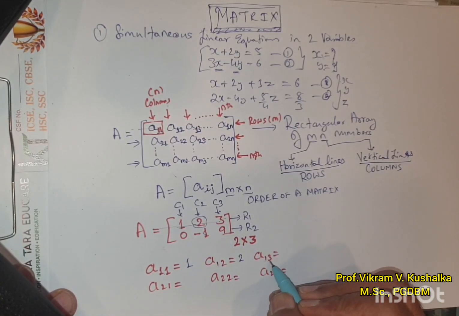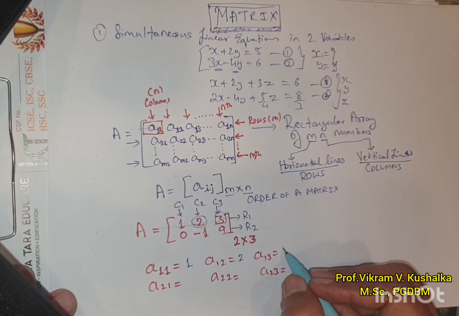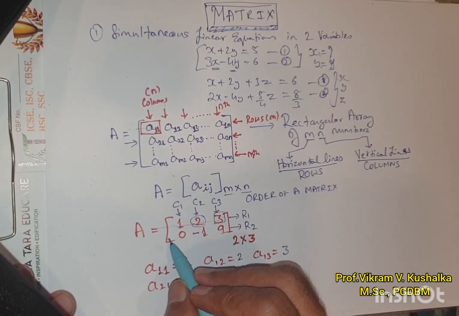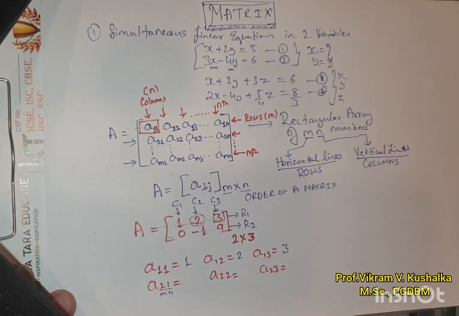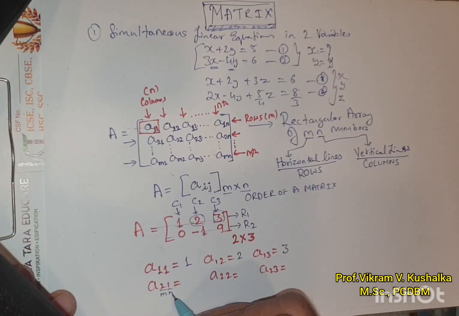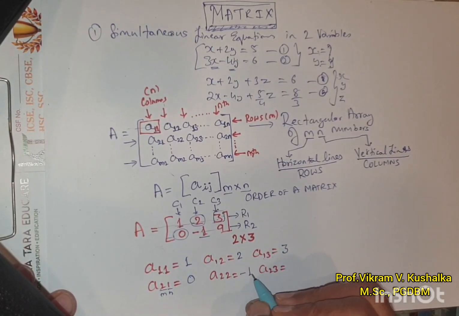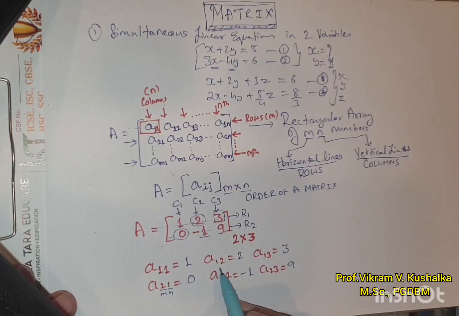When I talk about A13, that is my first row, third column, that is this particular element. So A13 is 3. Similarly, we go for A21, that's second row. 2 stands for row and 1 stands for column. So second row and first column, that's 0. Second row, second column, that is -1. Second row, third column, that is 9. And that's how I can list out each and every element, each and every term of the matrix in this format.